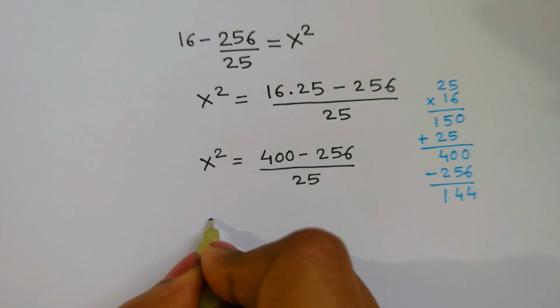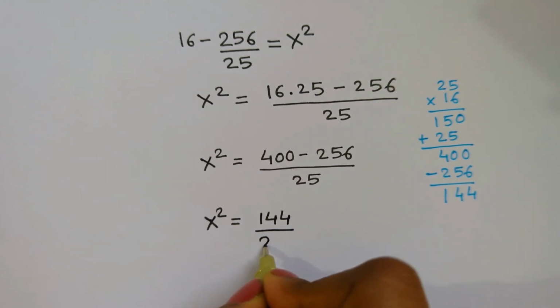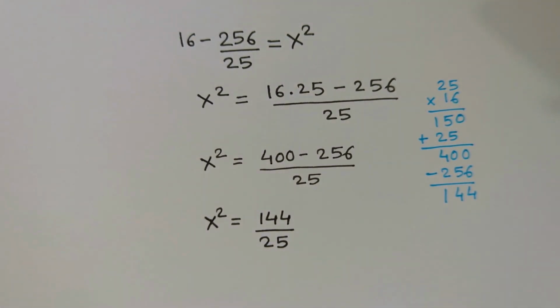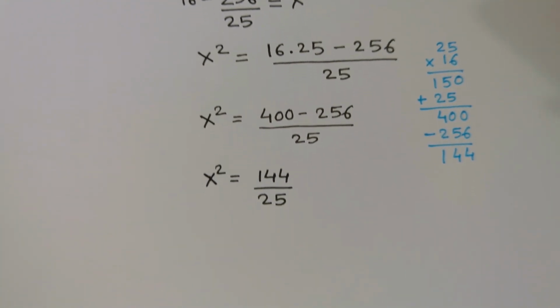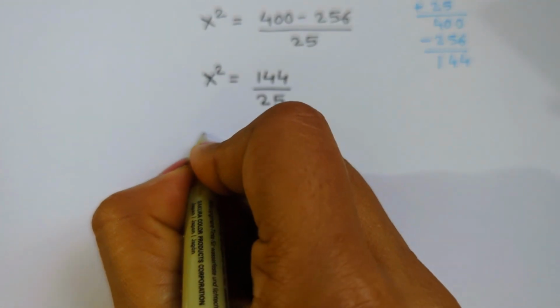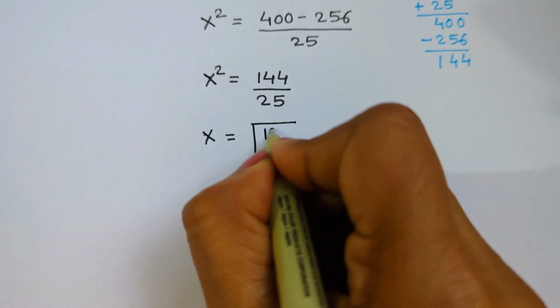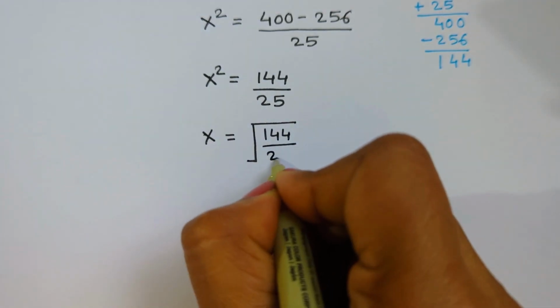So x square is equal to 144 divided by 25. We know the value of x square, so it would be easier for us to find the value of x now. So the value of x would be square root of 144 divided by 25.